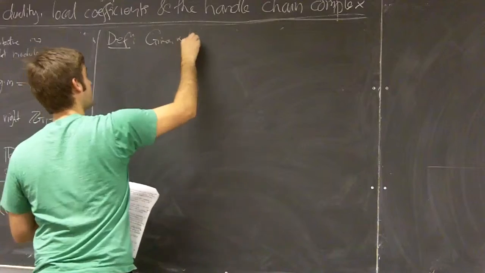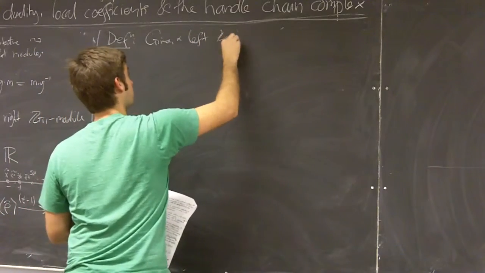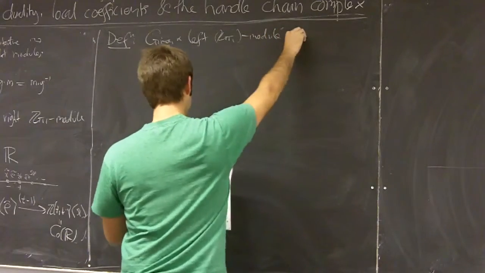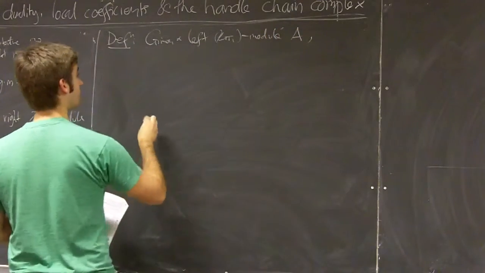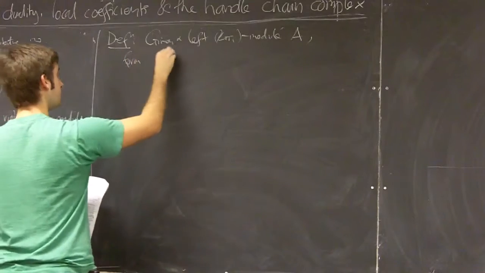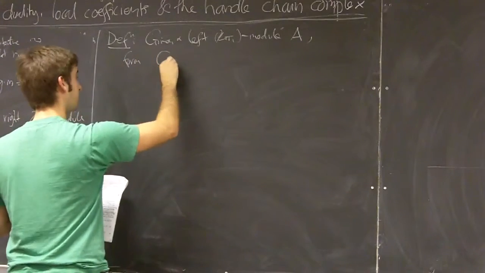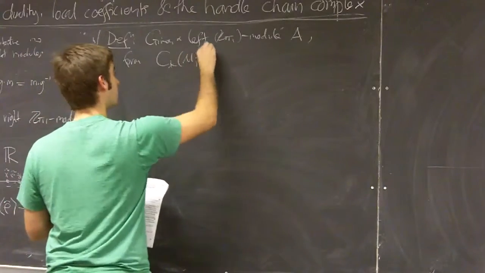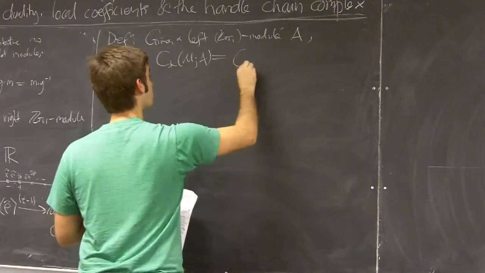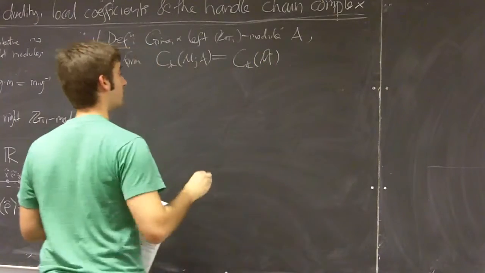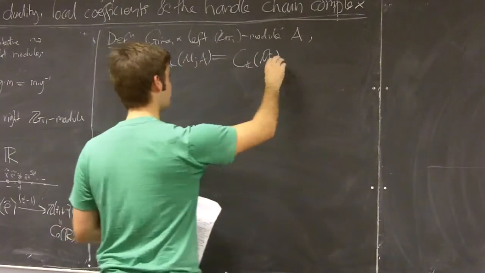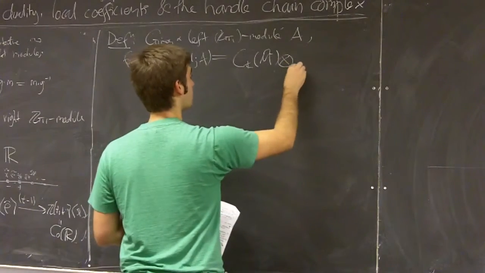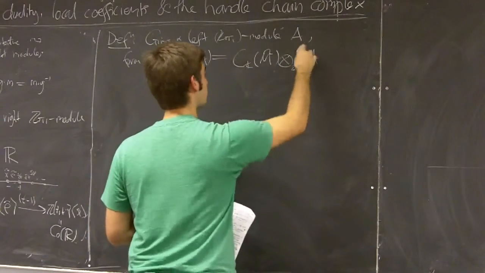So if we have a left Z pi 1 module, which I'll just call A, then we can form the tensor product of that with the chains of the universal cover considered as a right module, tensored over Z pi 1 with A as a left module.